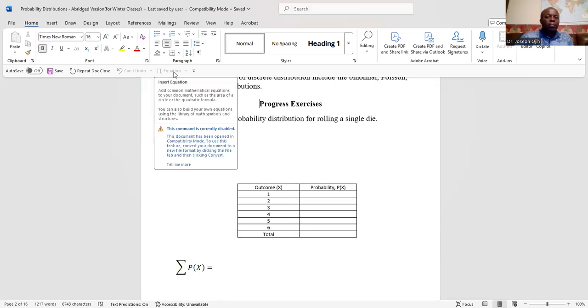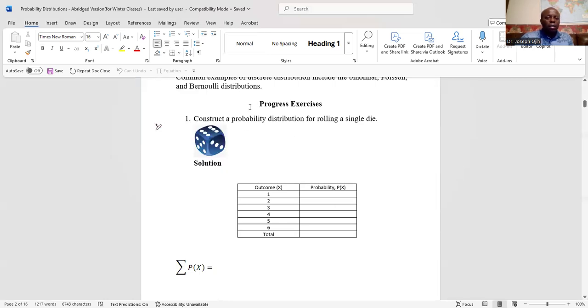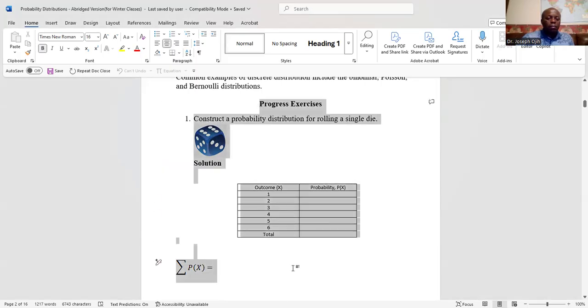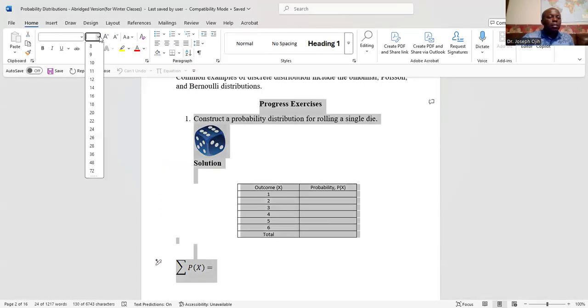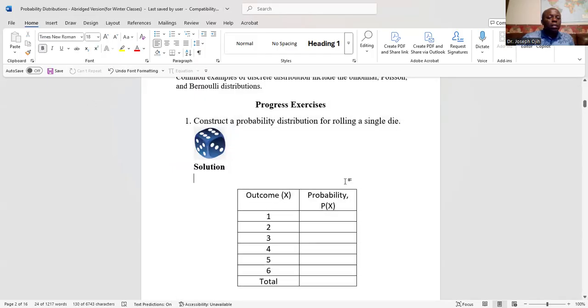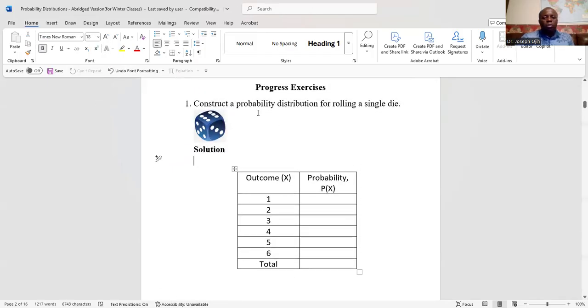Let me see if I can make this okay. Okay. Look at this question. It says construct a probability distribution for rolling a single die.